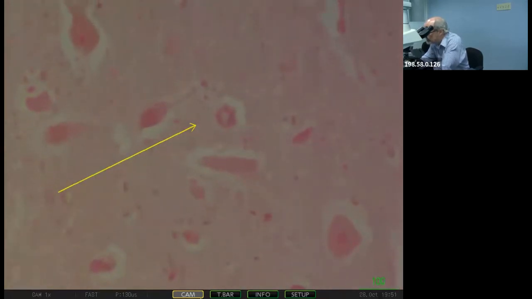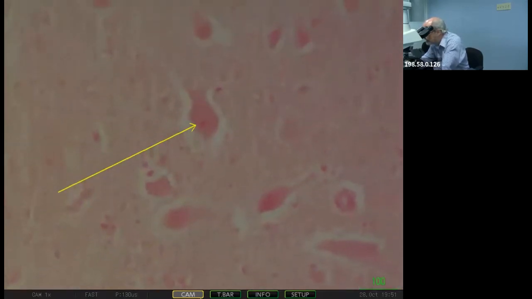You see you have your motor neurons here as well.